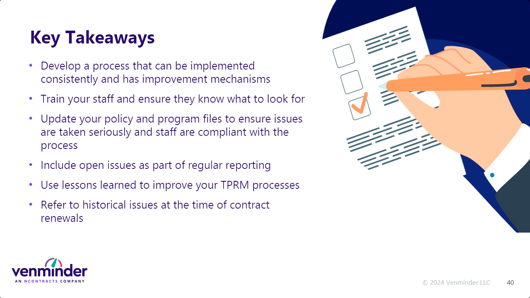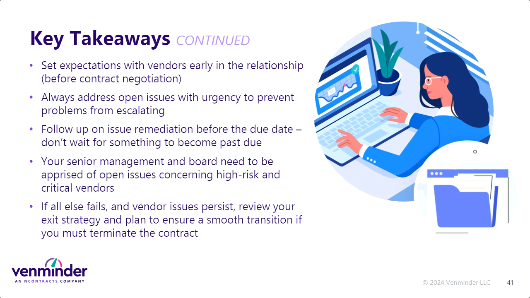And then we have one more page of key takeaways. And finally, set expectations with your vendors early in the relationship, even before you sign the contract and get into contract negotiation, that you do have an issue management program in place and you do work and look for and manage issues. Always address open issues with urgency to prevent them from escalating, and follow up on issue remediation even before the due date.